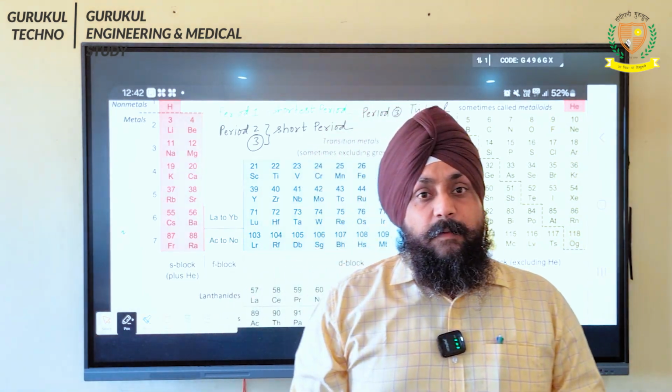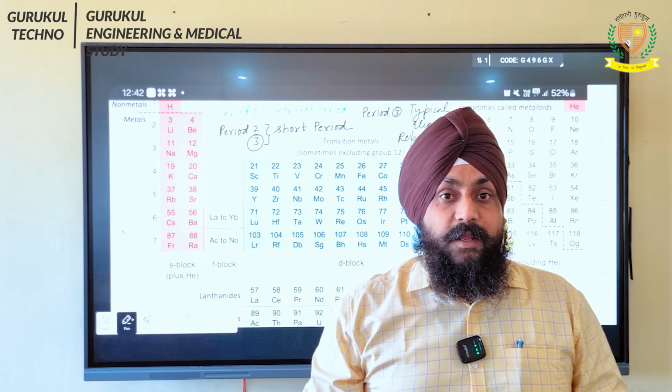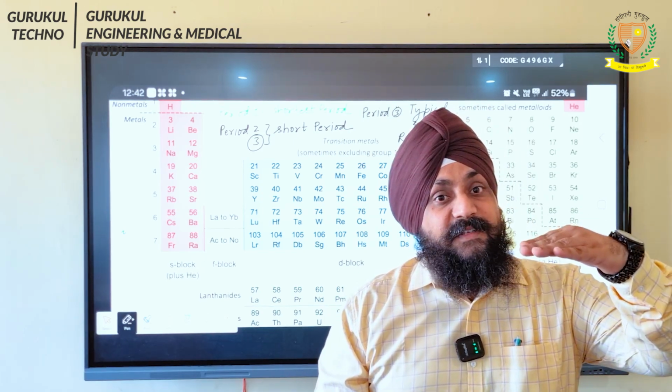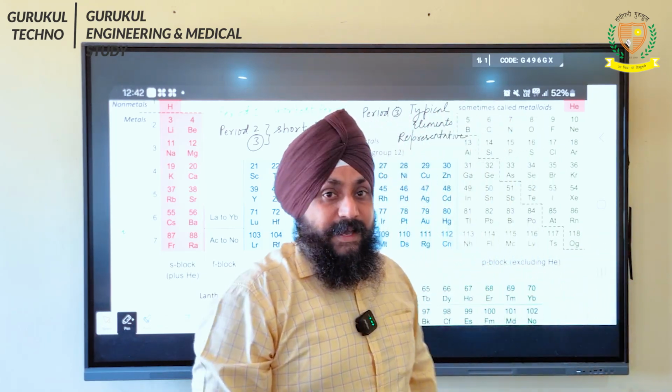Why typical elements? Because they show typical properties, all diverse properties. And why do we call them representative elements? Because they represent the other elements of the group.